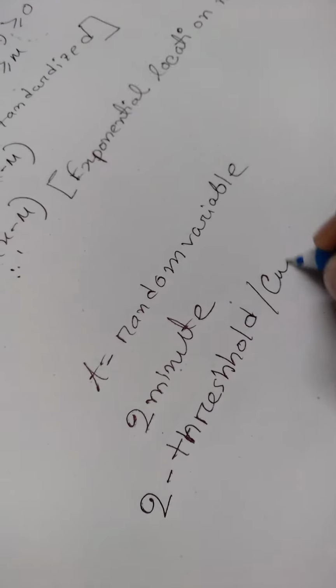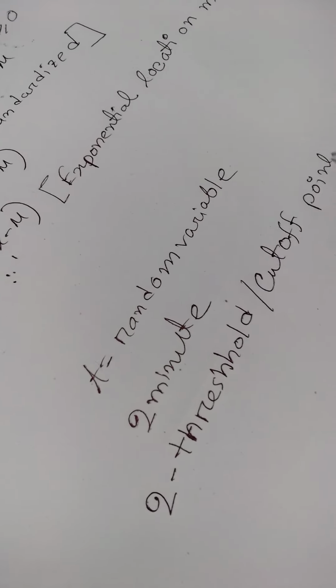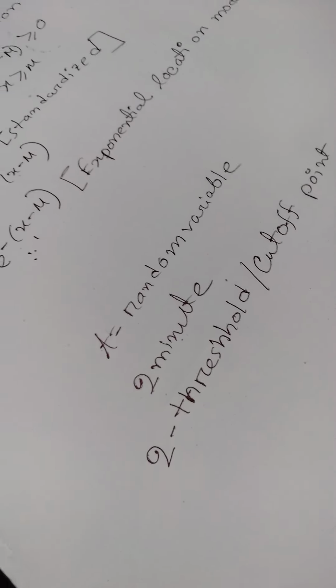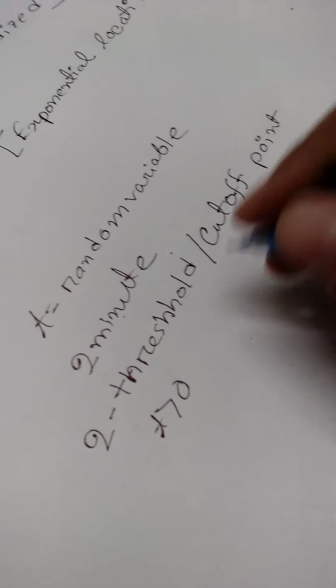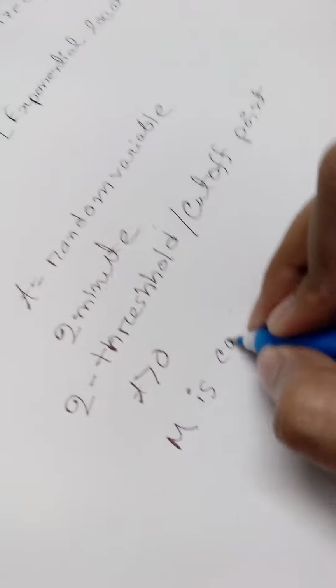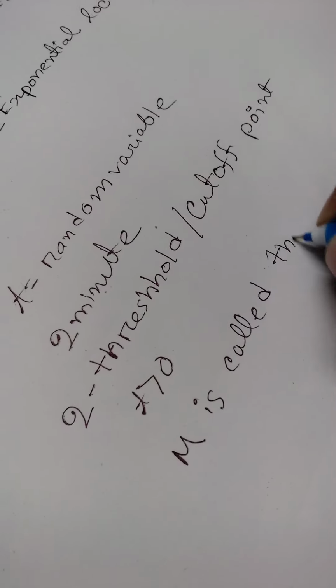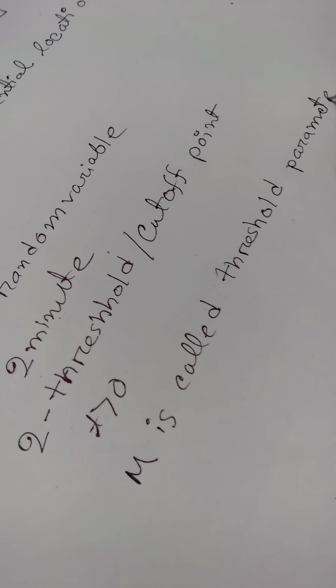2 is the threshold parameter or cutoff point, and for the time variable it will always be positive. Sometimes, for some situations, mu is called the threshold parameter when mu is the minimum.